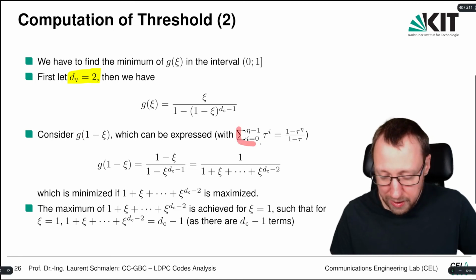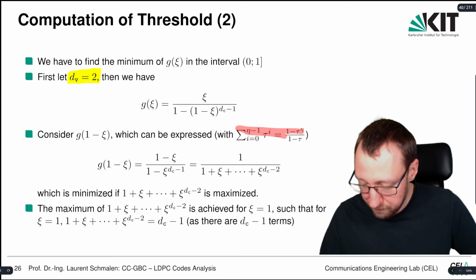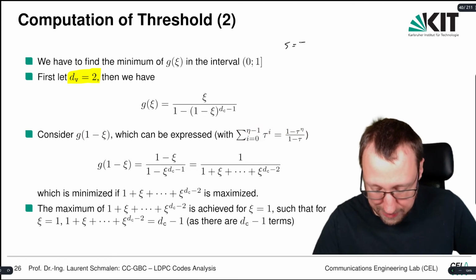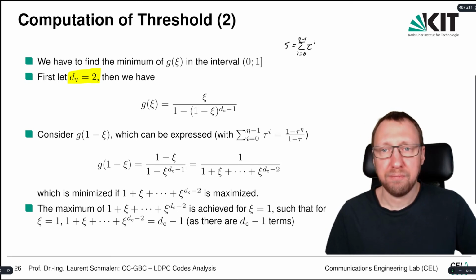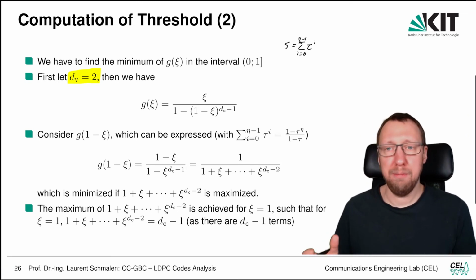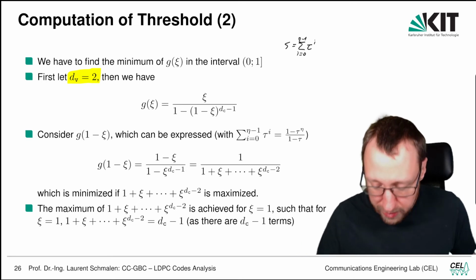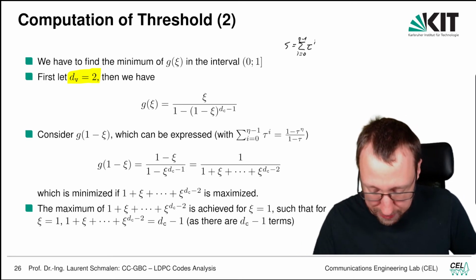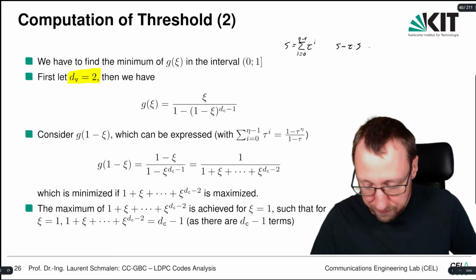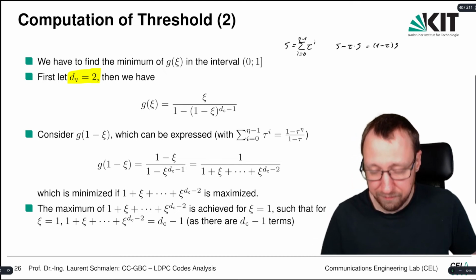And then we use the truncated geometric series. We use s equals to the sum from 0 to eta minus 1 of tau to the power I. And I can never remember this, but there is a very simple trick to prove this quickly. So what you can do is you can calculate s minus tau times s, which is equal to 1 minus tau times s.